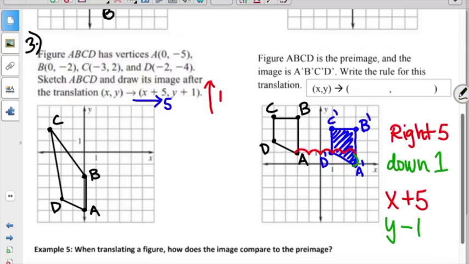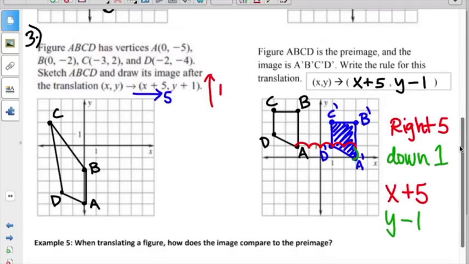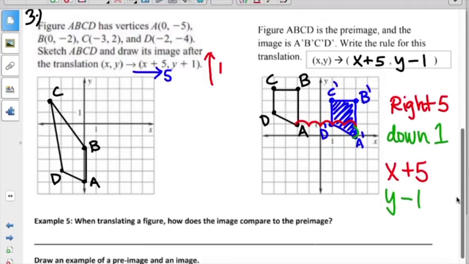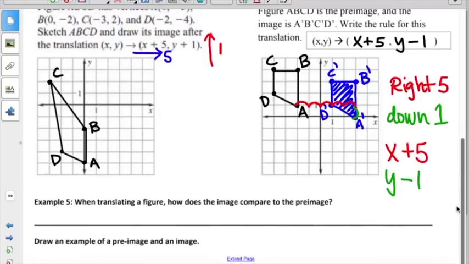Example 5: when translating a figure, how does the image compare to the pre-image? So what do you notice about your original figure and the new figure that we've created? Are they the same? Are they different? Well, the actual shape is exactly the same. The only thing we've done is moved it. So in geometry, when we say 2 things are the same, we call them congruent.